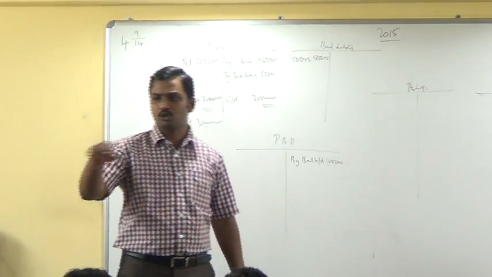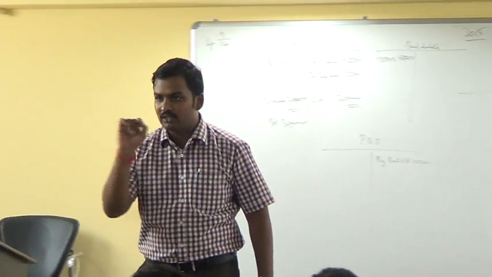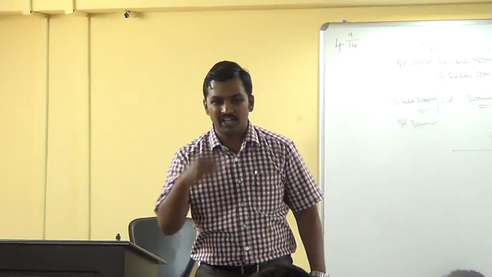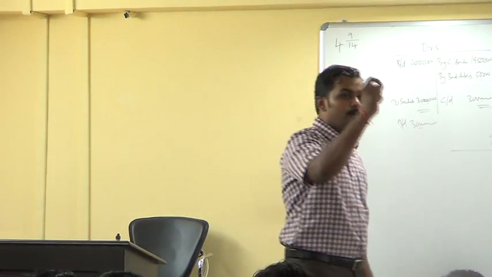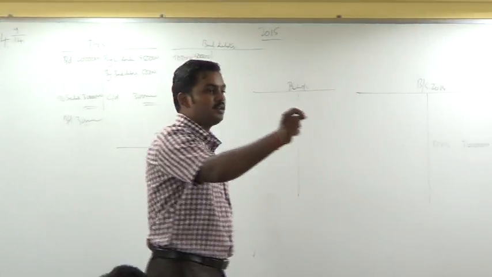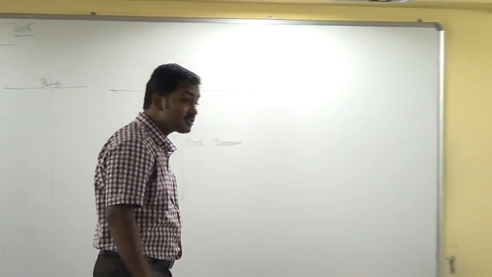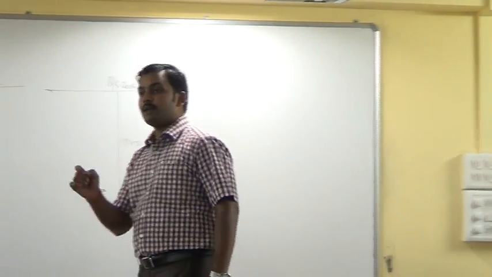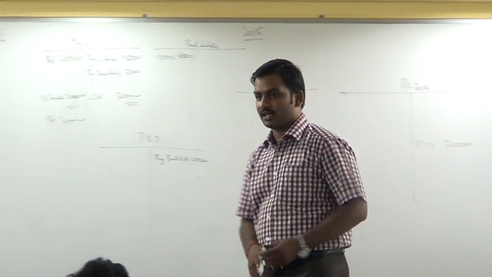Normally what is the entry you write to close bad debts? P&L account debtor to bad debts is the entry you pass. Now you are not going to pass the entry. You will change the entry. You will pass the entry provision for bad debts account debtor to bad debts. What is the entry you will pass? Provision for bad debts account debtor to bad debts account.